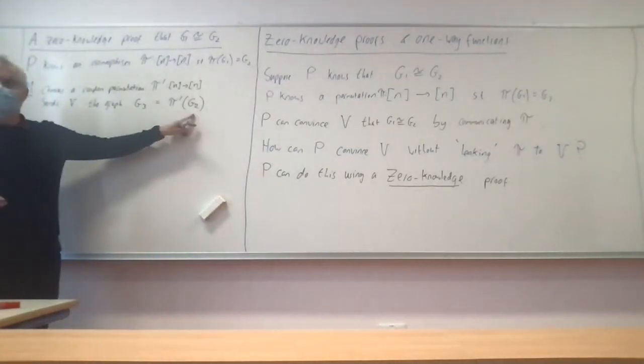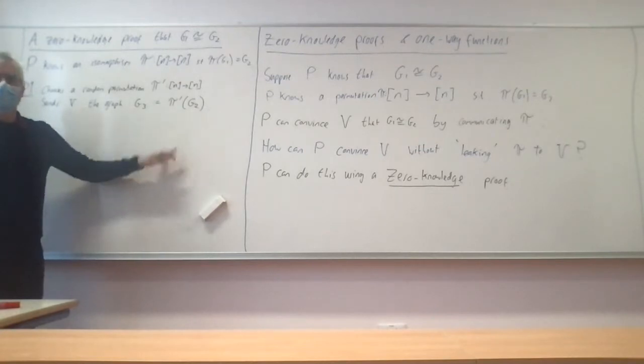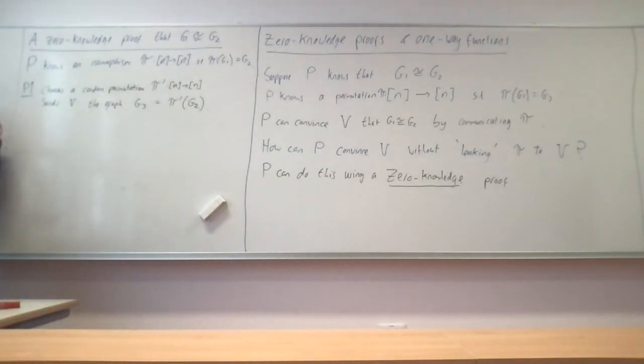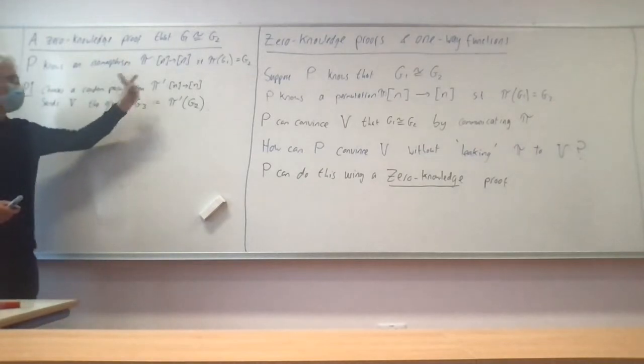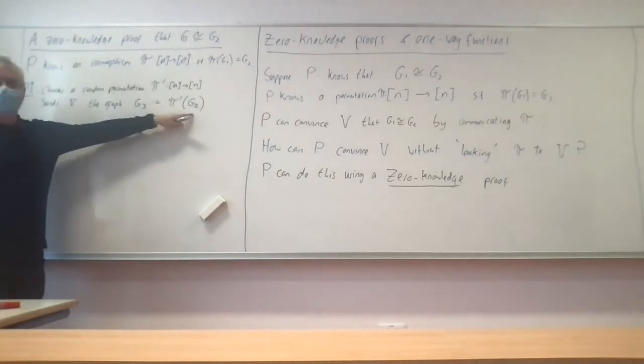Why does it apply to G2 rather than G1? Well, that's just helpful to make what follows go through easily. But let me comment that from the verifier's perspective, it's irrelevant whether the prover chooses the graph G1 or G2 here.